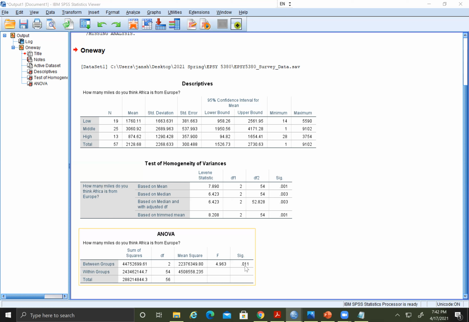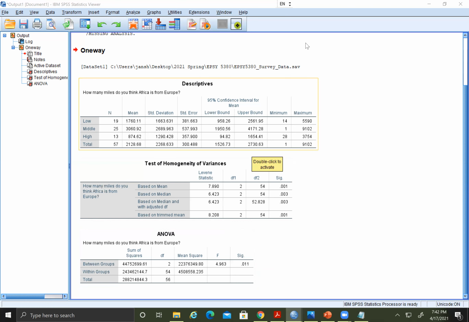Since we're rejecting it, alternatively, at least one mean is significantly different from the rest. Since we have three groups, low, middle, and high, and we don't know which group is different from which, or if they are all different, what we do next is check the post hoc.